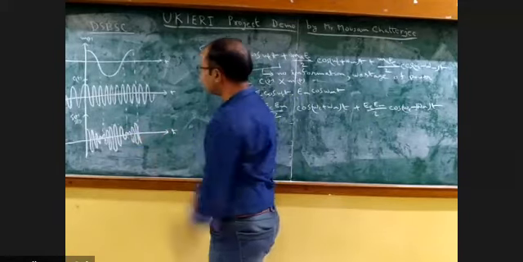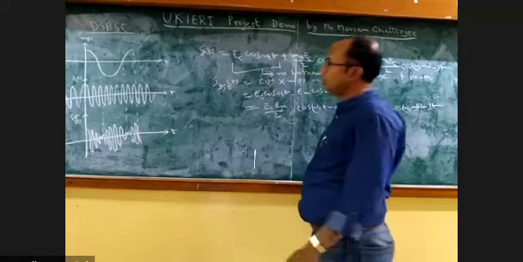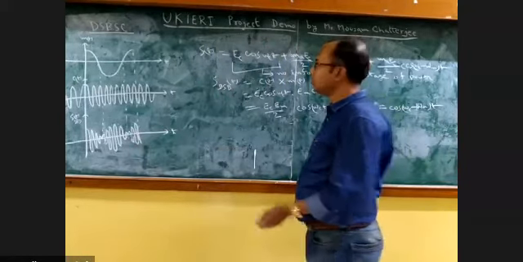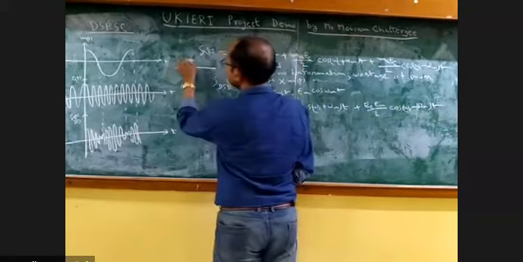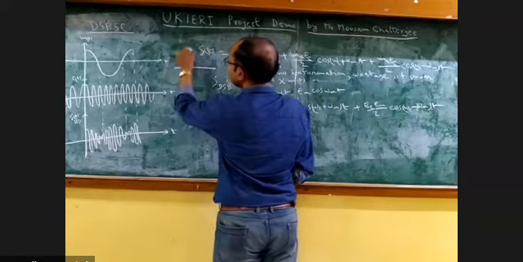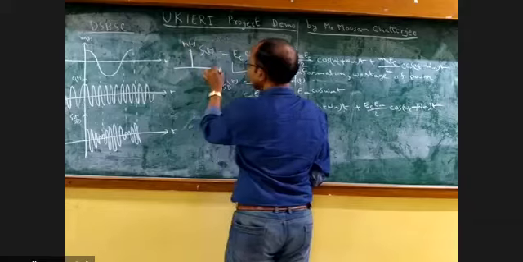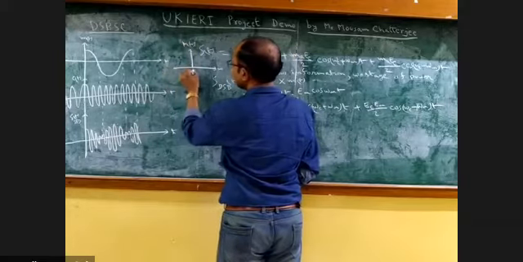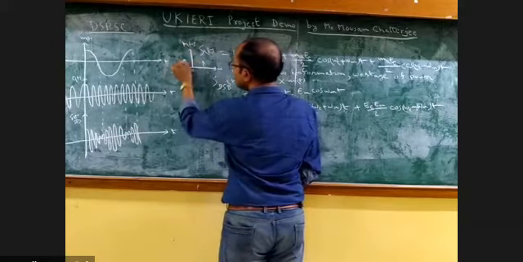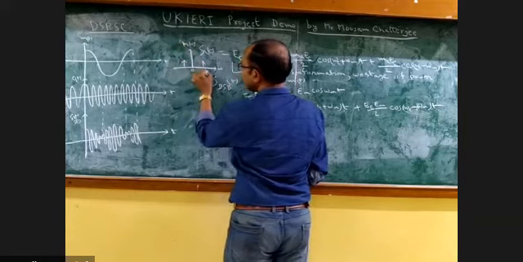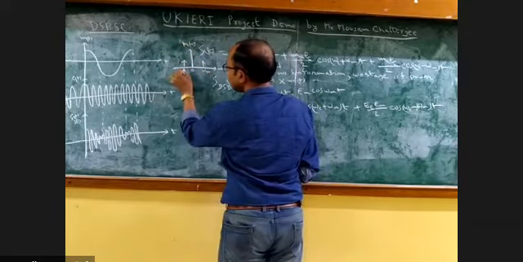Okay, that's the one. And if we observe the Fourier transform of the message signal, we get two sidebands, that is at omega_m and minus omega_m.